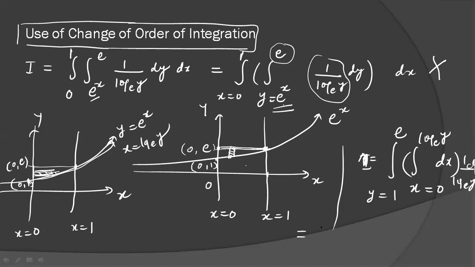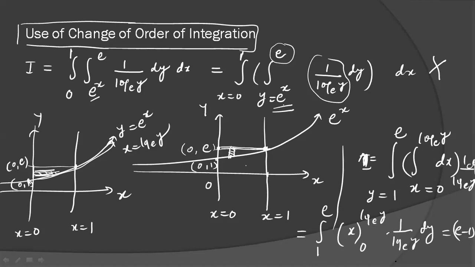If we simplify it, you will get 1 to e, integrate dx, you will get x only, 0 to log y, into 1 over log y dy. You can see that log y cancels out, and the integration of dy will be y, with upper limit e and lower limit 1. So e minus 1 is the answer.